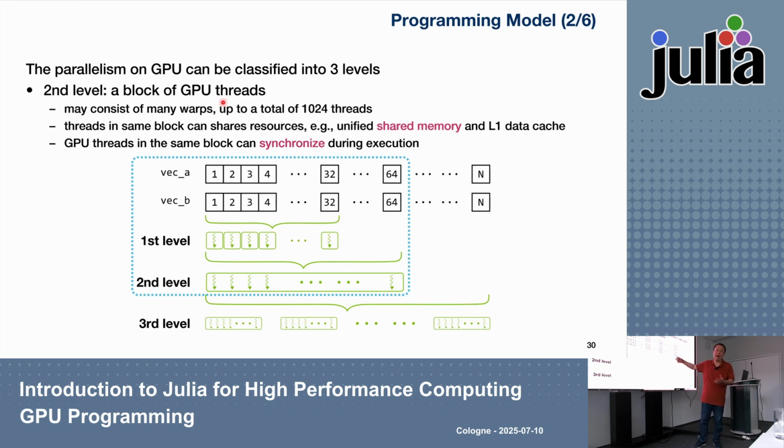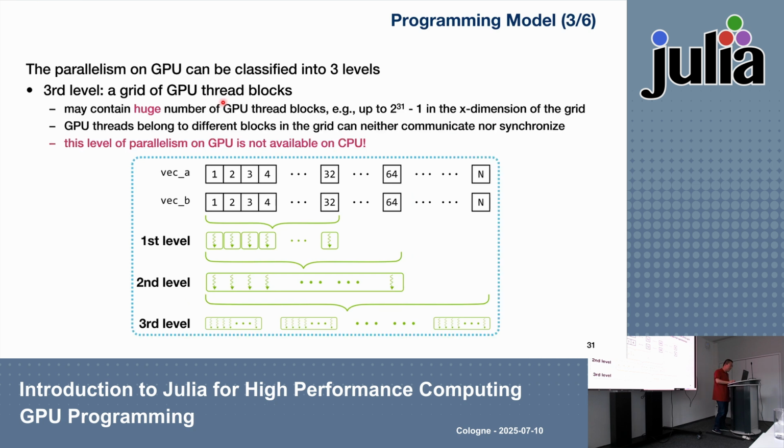Of course, you can have more depending on the hardware. For NVIDIA GPUs, the maximum is 1,000 threads per block. Inside these 1,000 threads, you can also do synchronization and use shared memory for further optimization. But you can forget about those concepts here.